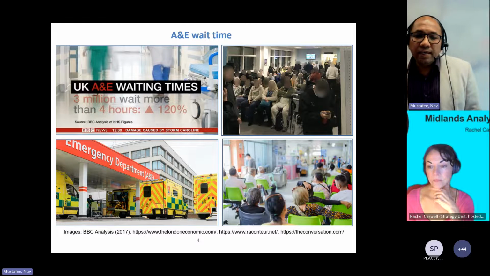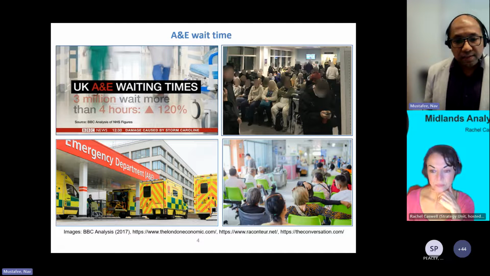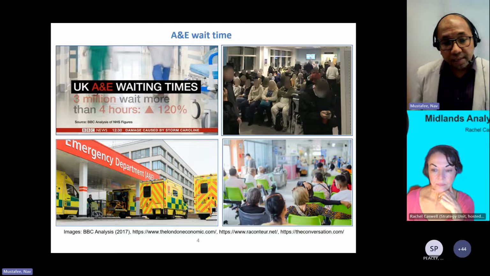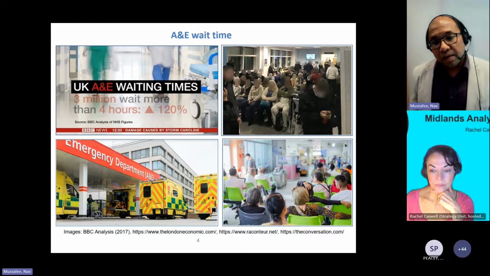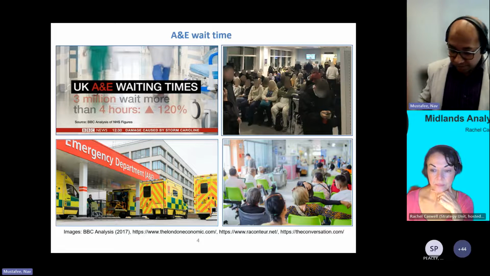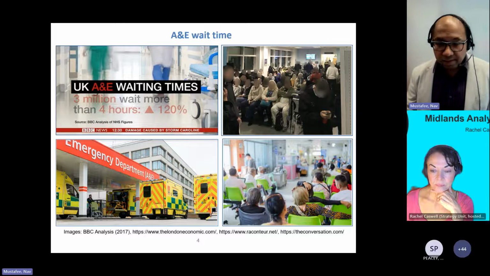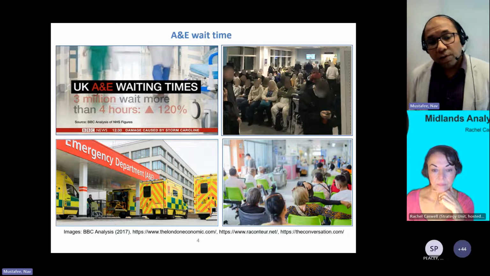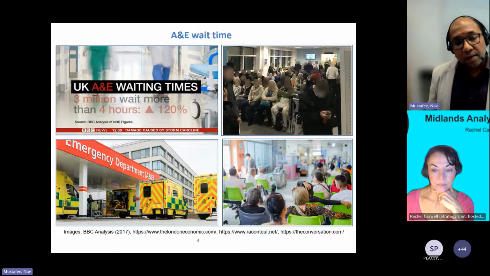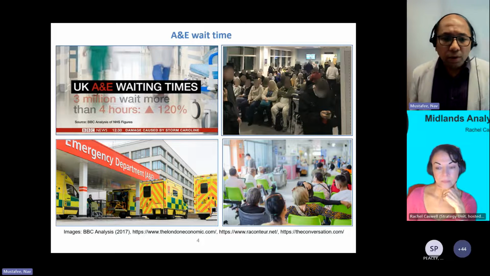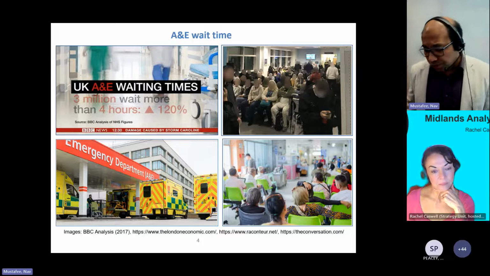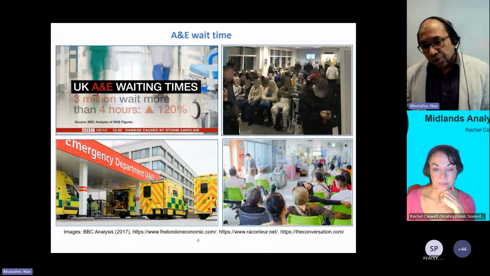But as we know, the A&E wait times are increasing. It's in the headlines all the time. The attainment of the 4 hour waiting time is now among the lowest in the last 10 years or so.